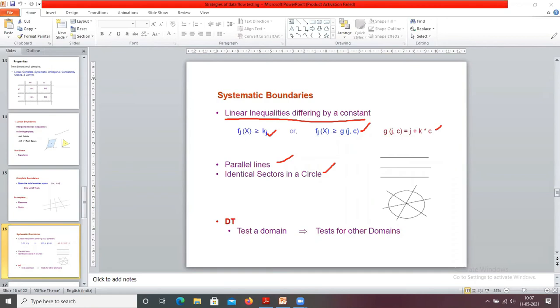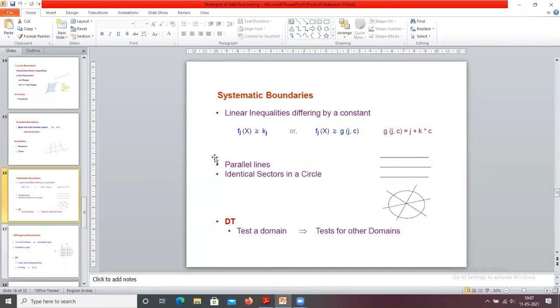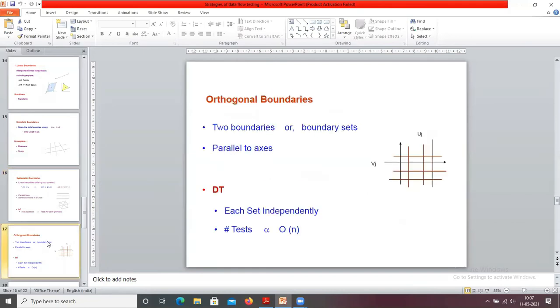The next one is orthogonal boundaries. Here we are taking U and V. The U and V boundary sets in this figure are orthogonal.